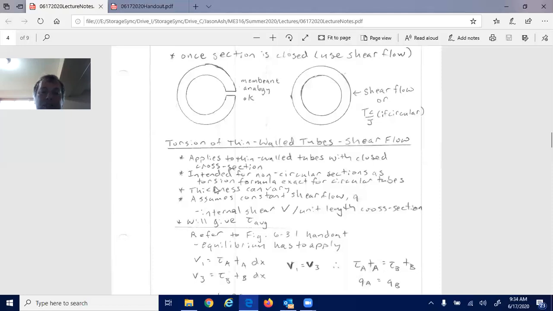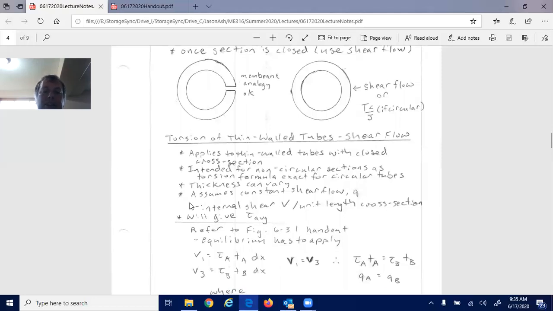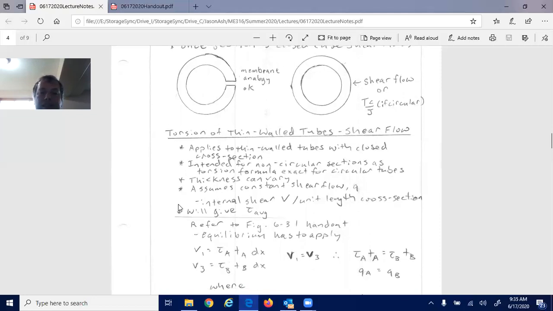And so this opens up some flexibility with the shear flow method, and then it can handle the varying thickness. One thing it does do is it assumes a constant shear flow Q, which is really just the internal shear divided by the unit length of the cross section.